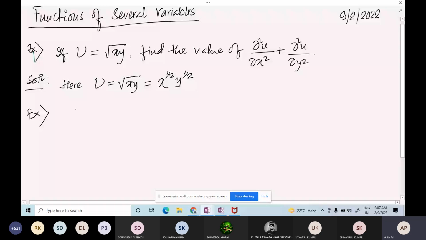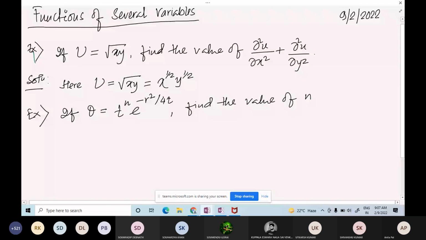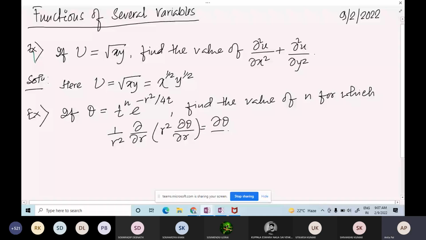If theta equals t to the power n e to the power minus r square by 4t, find the value of n for which 1 by r square del by del r of r square del theta by del r equals del theta by del t.